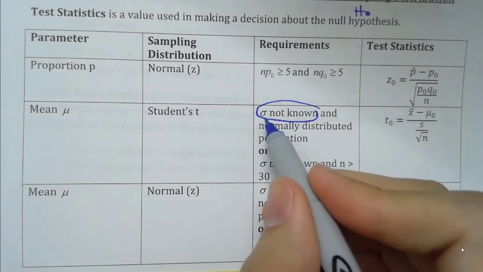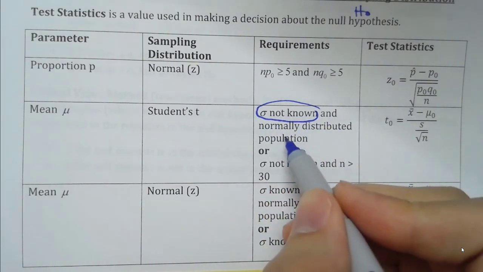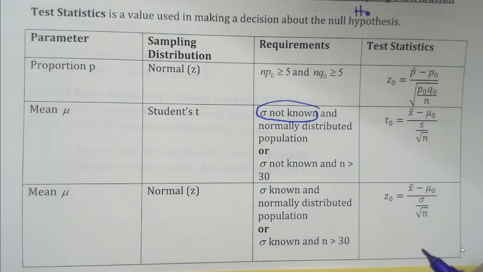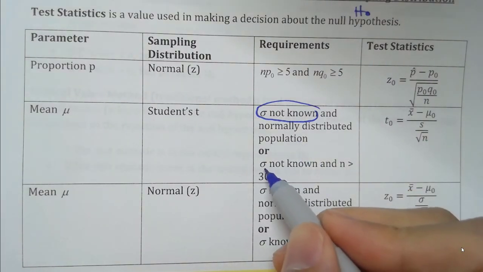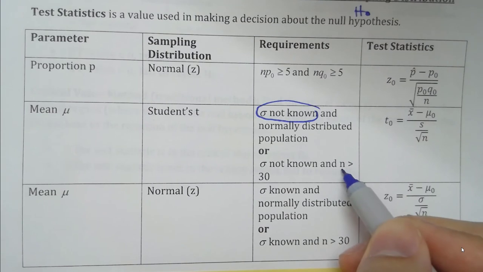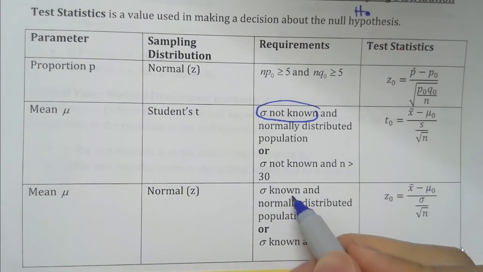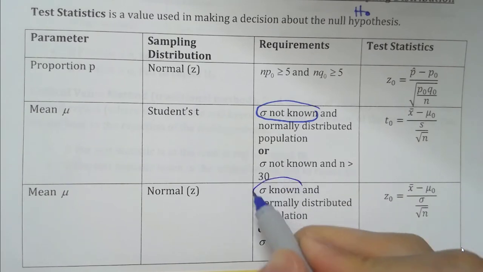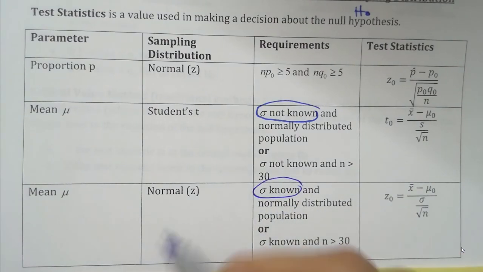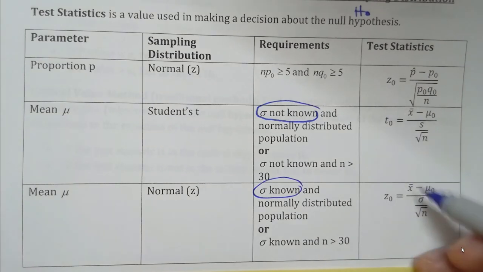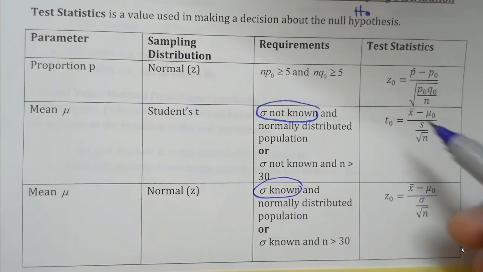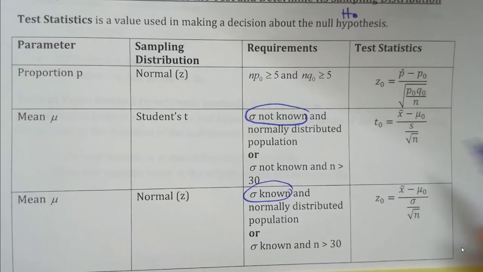Okay, so when sigma is not given and the population is normally distributed, or sigma is not given and the sample size is bigger than 30. If sigma is given, then we use a normal curve, and these two are the test statistics for us to apply. But we'll talk more about that in the next videos for more examples.